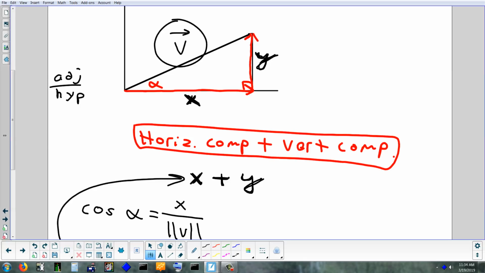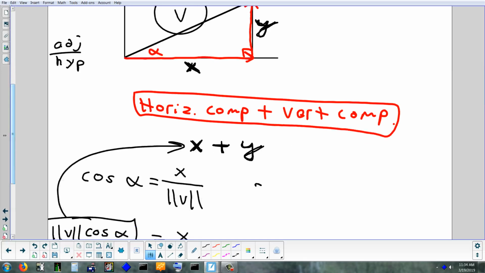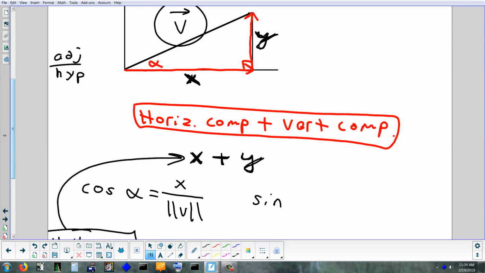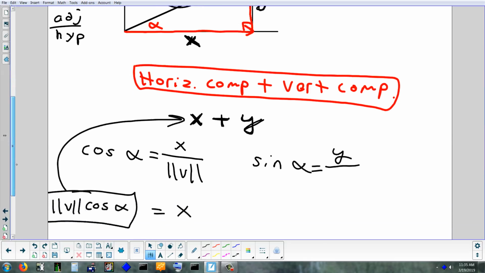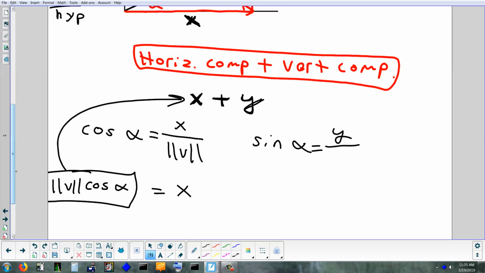Sine is correct. Y is the opposite of the angle. So, sine of alpha equals y over the magnitude of the vector v.